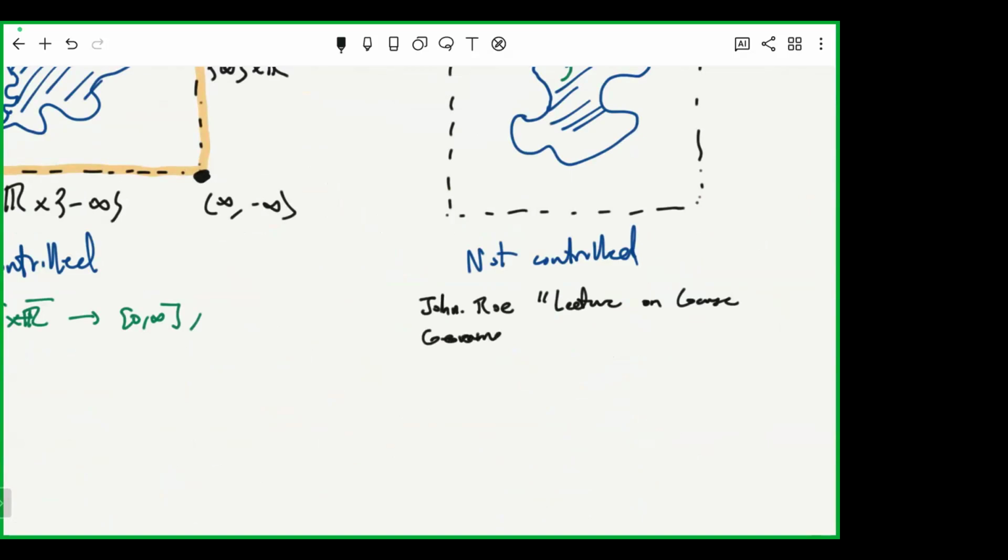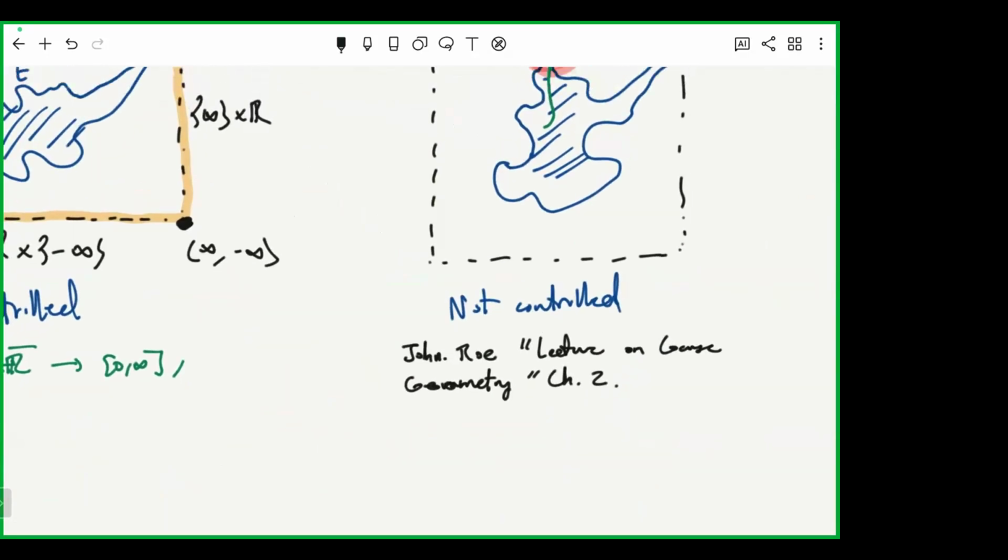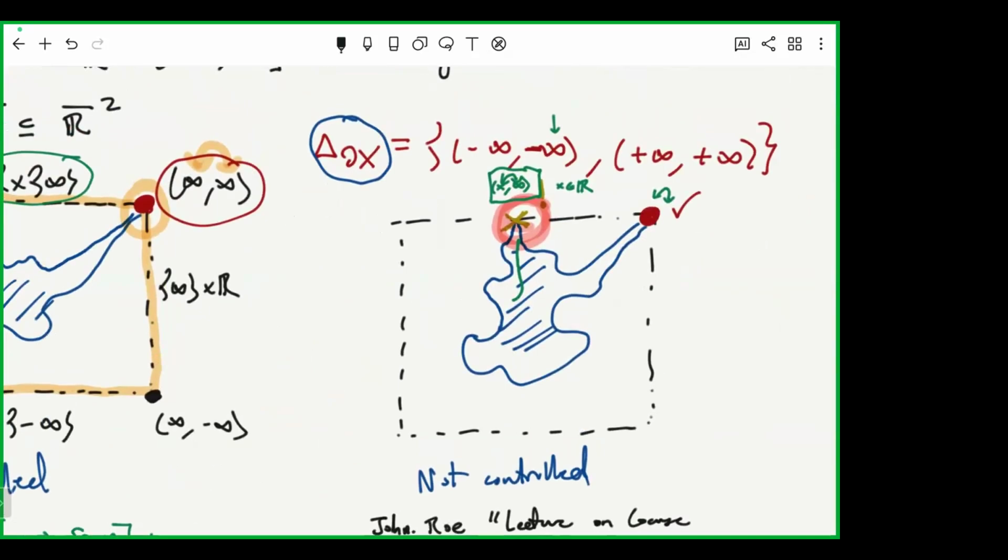This has to be in chapter 2. There is an alternative description of these controlled sets, which uses convergence of nets. In this case, it suffices to use convergence of sequences. So yes, I think this is the idea that you're sharing here.